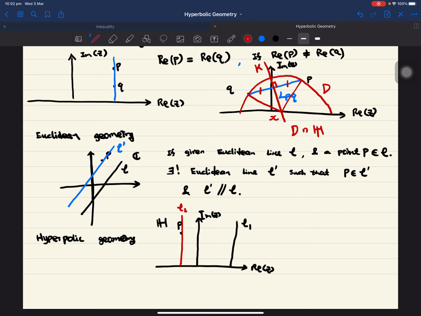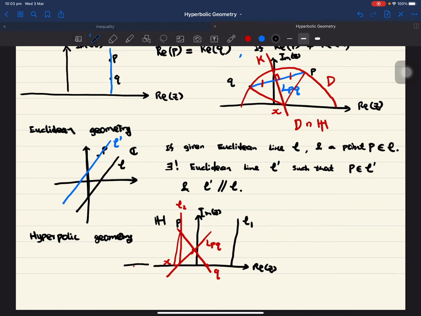And if we pick an arbitrary point, let's call it Q, then we have the line segment PQ, and we construct the perpendicular bisector, and then we can construct the Euclidean circle that passes through P and Q. That is clearly not intersecting L1.